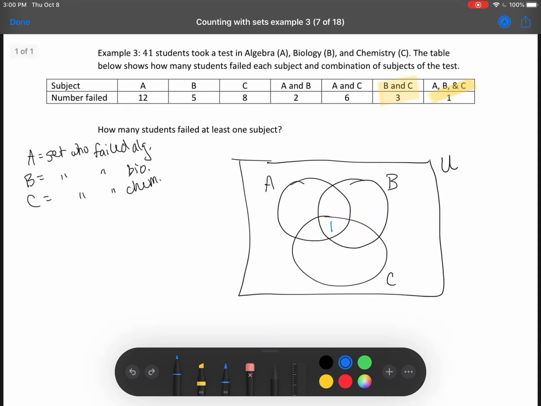Since we've already included 1 that failed all 3 subjects, that means there were 2 that failed biology and chemistry, but apparently those 2 people passed algebra.